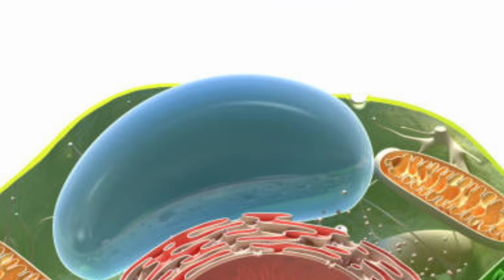The other function of the vacuole is to provide stability and support to the cell through the hydrostatic pressure it generates. Since the main function of the vacuole is to store water, it is this water that keeps the cell stiff, rigid and turgid, because the water makes the vacuole swell until it creates an internal pressure against the cell wall.